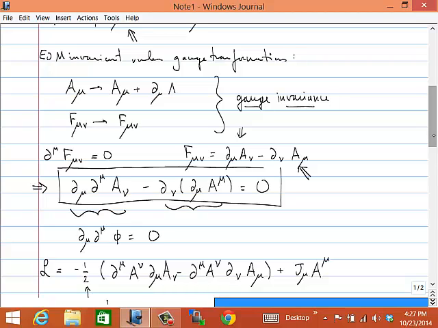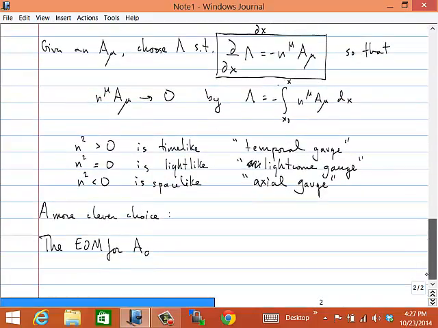Well, the equation of motion for A0 is that d mu of d mu A0 minus the time derivative of d mu A mu is equal to 0.